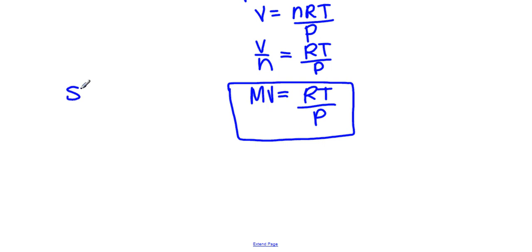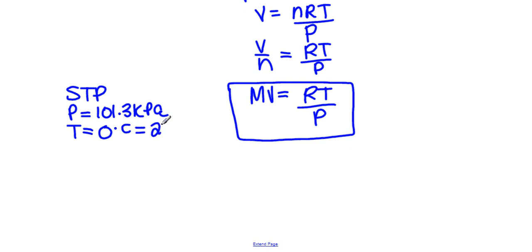So remember, STP pressure is 101.3 kPa, and the temperature is 0 degrees Celsius, which we know is 273 Kelvin. So if I take those measurements and plug them in here with my gas law constant, I will get 22.4 liters per mole rounded. So let's show how that works.